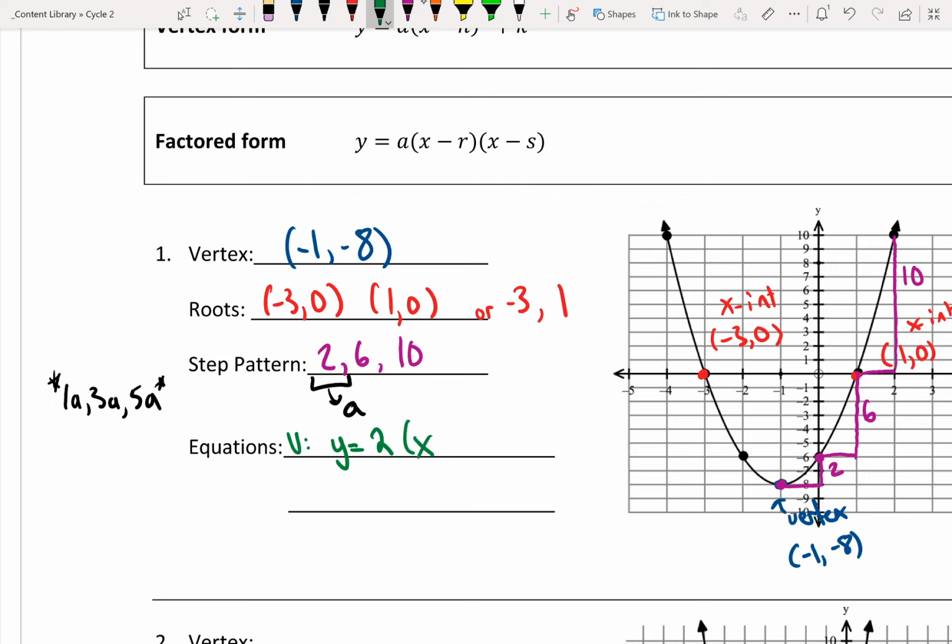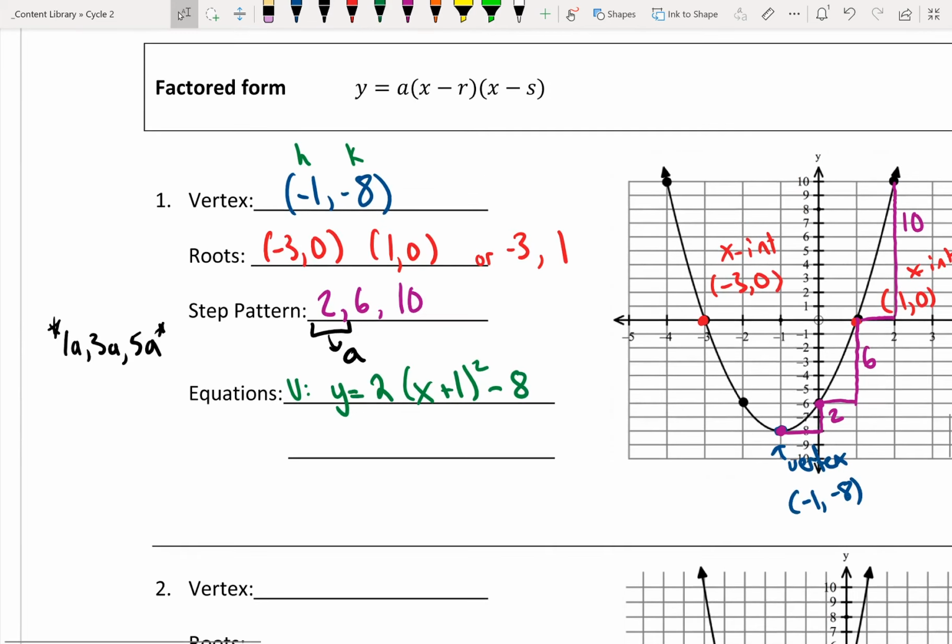Remember your vertex is (h, k). So I should be minusing h, or if we remember, I should see the opposite of whatever h is. So I'm going to see plus 1, even though my vertex is minus 1. And then my k just stays the same.